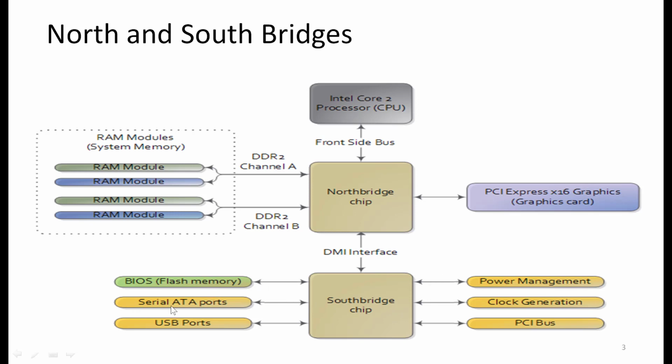So the serial ATA ports are typically used for our hard disk, and if you look at the BIOS flash memory, that's where the boot up of the system happens, and you're already aware of the many USB ports that we have. So this was the scenario until a decade back.